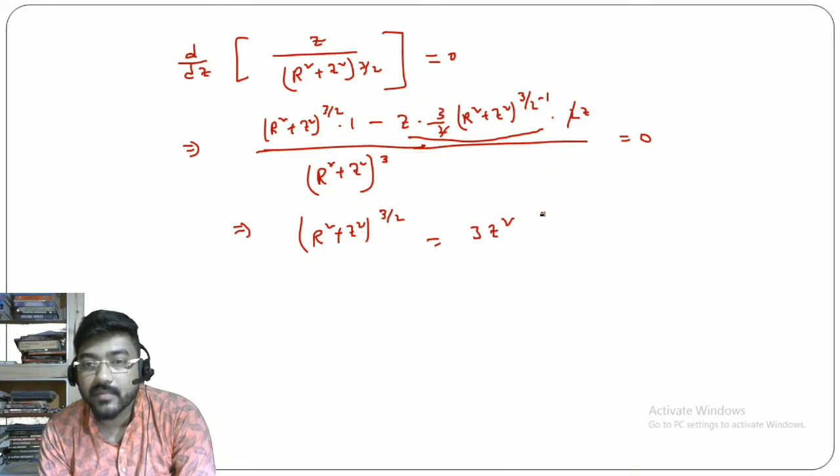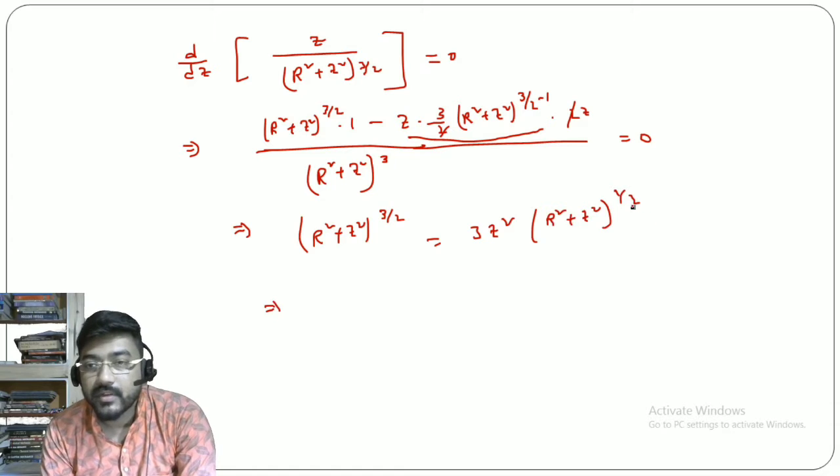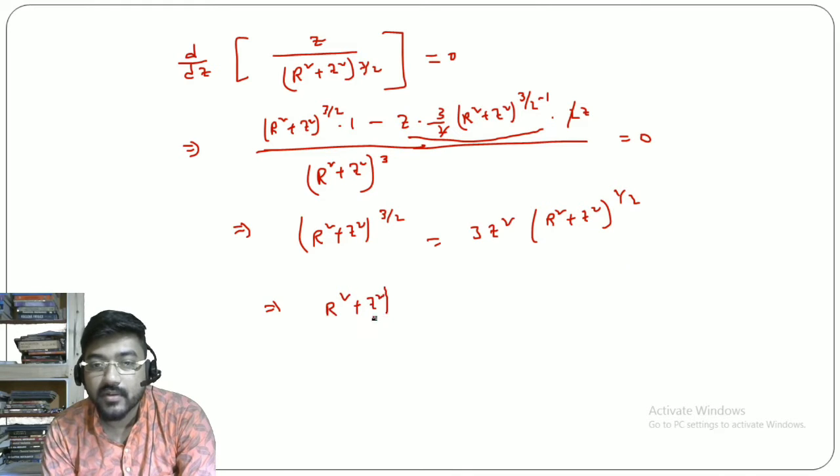And here r square plus z square to the power half. So you take this expression on the left hand side, then you will have 3 by 2 minus half. Okay, so it will be r square plus z square to the power 3 by 2 minus half, which is 1, equal to 3z square. So you will have r square plus z square is equal to 3z square.